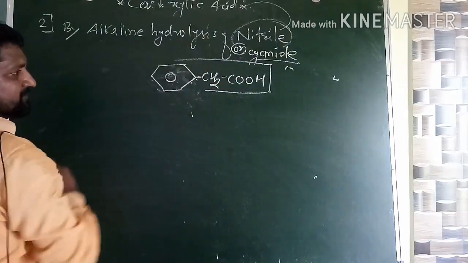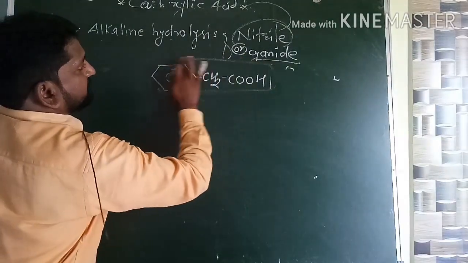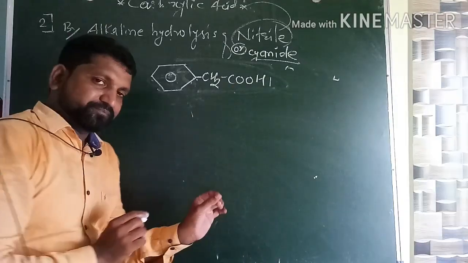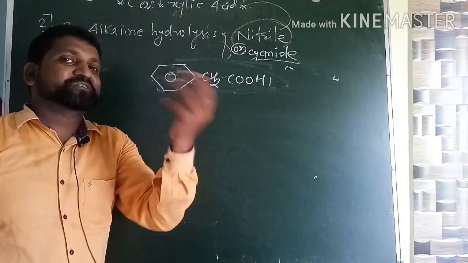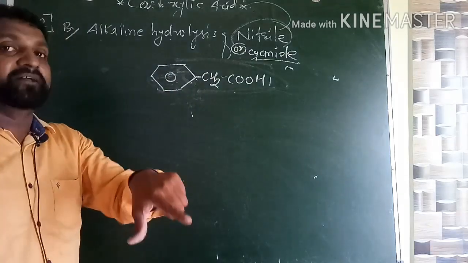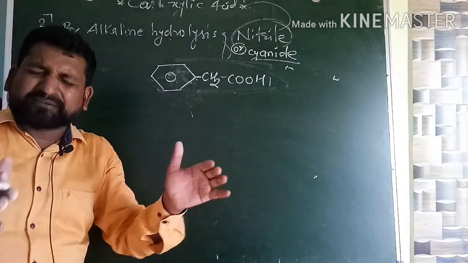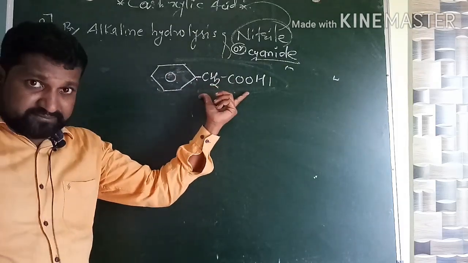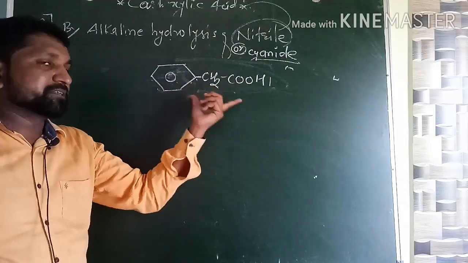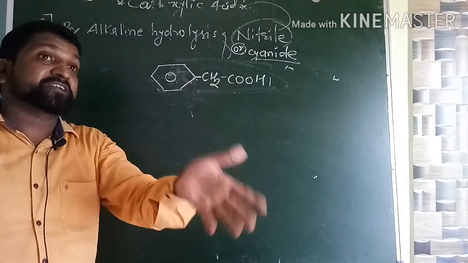Okay, phenylacetic acid. Then see here, I know the product, but I don't know the reactant. Then how to select? Sometimes we have to move in the reverse direction. We have to prepare this from cyanide.